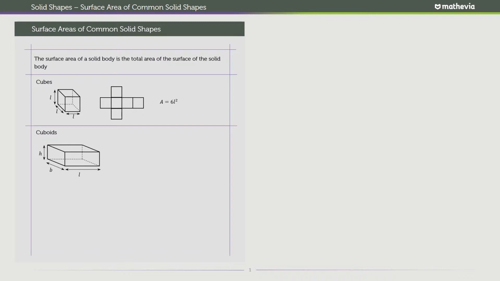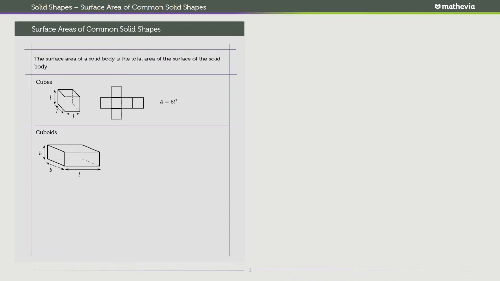Now, the area of the front would be length times height. The area of the back would be length times height. The area of the top would be length times breadth. The area of the bottom would be length times breadth. And the area of the two sides would be breadth times height.